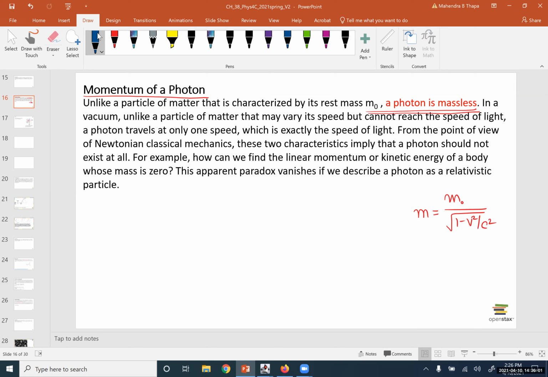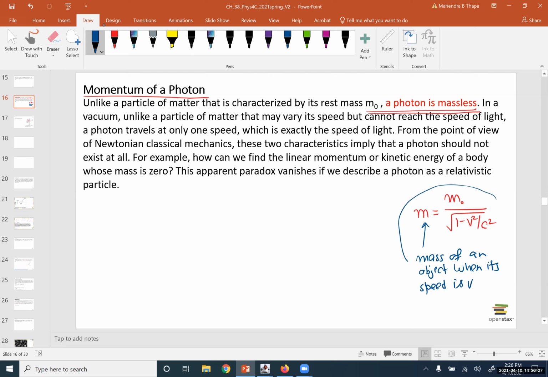This m is the mass of an object when its speed is v.